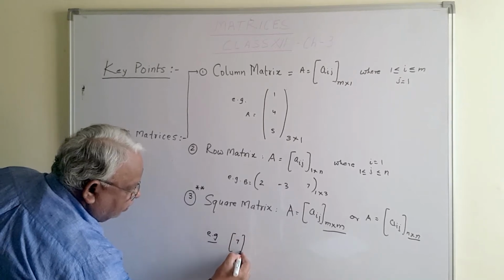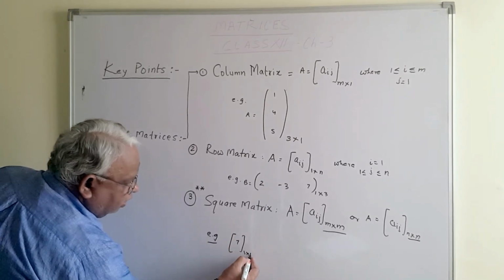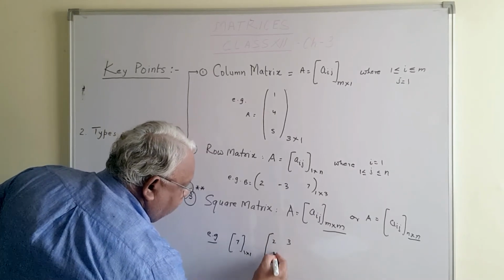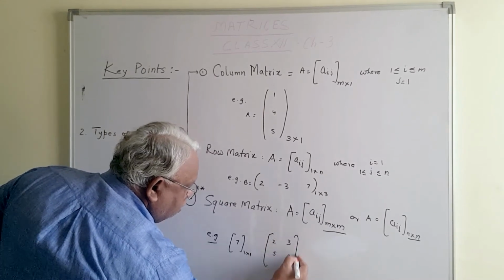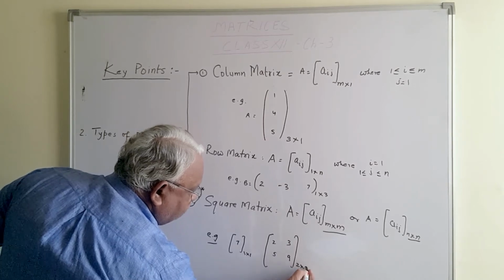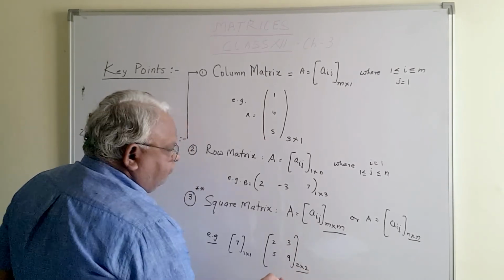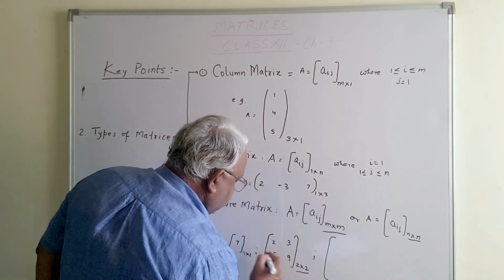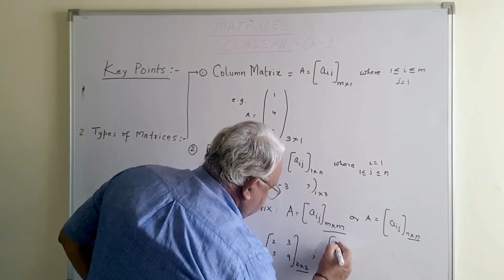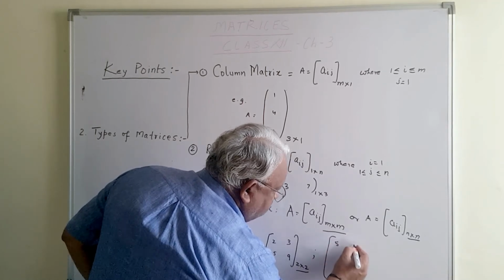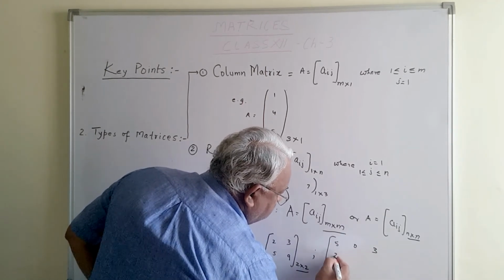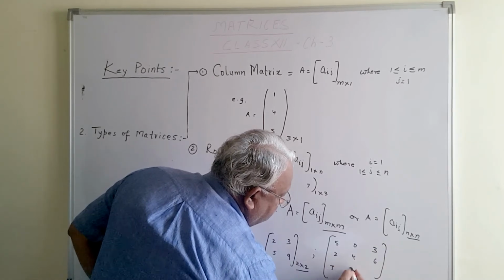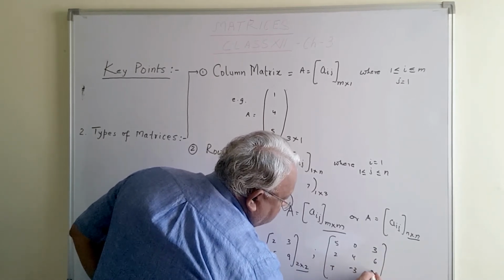This is 1 cross 1. Then 2, 3, 5, 9. This is 2 cross 2. Then 5, 0, 3, 2, 4, 6, 7, minus 3, 2.